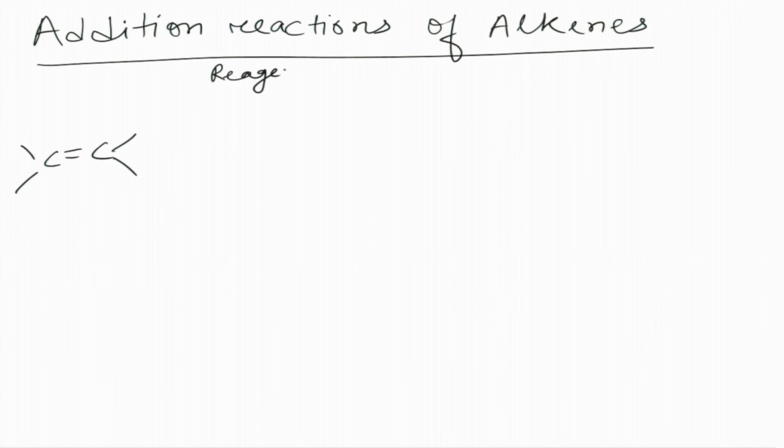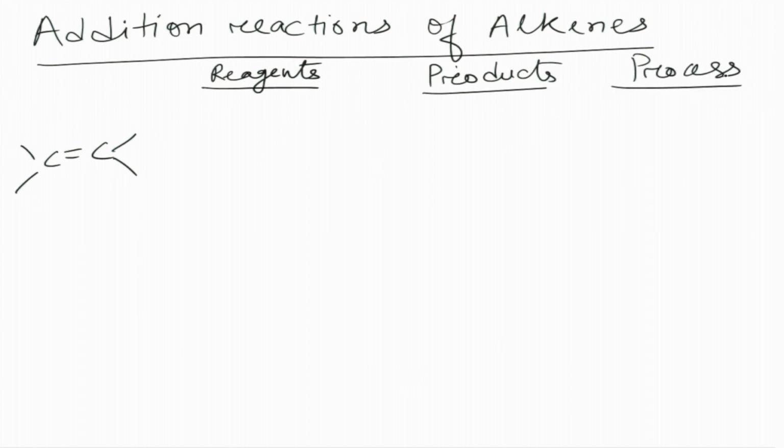So, we have reagents, products and process. So, when alkenes add with hydrogen, that is H2, what will they form?